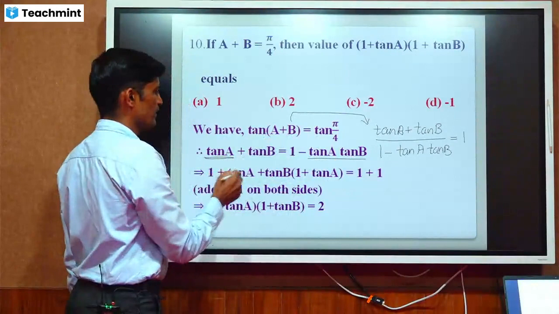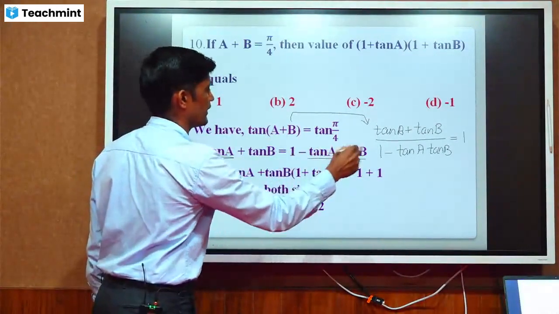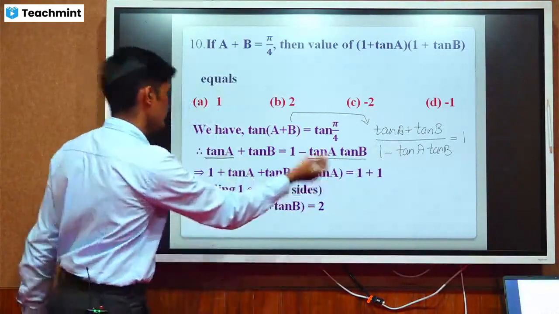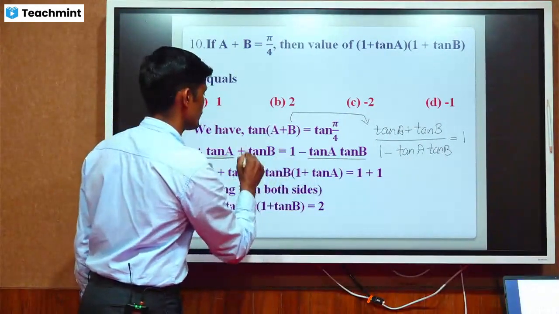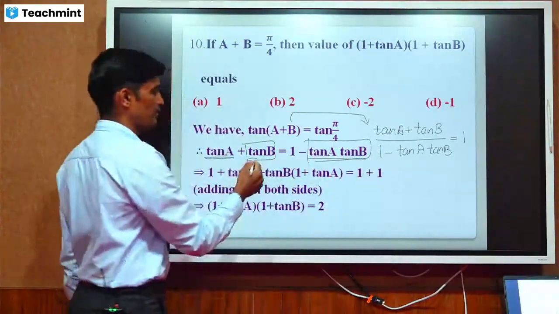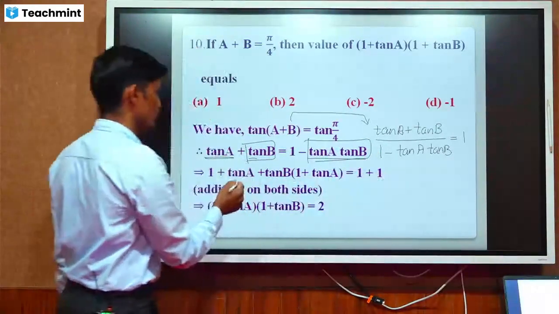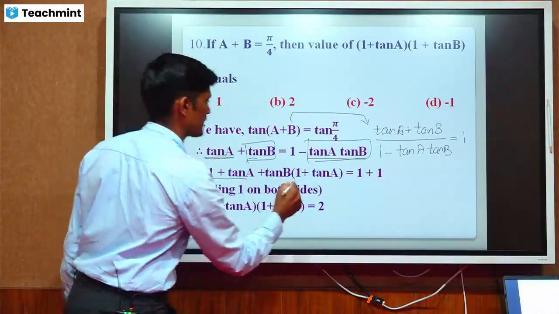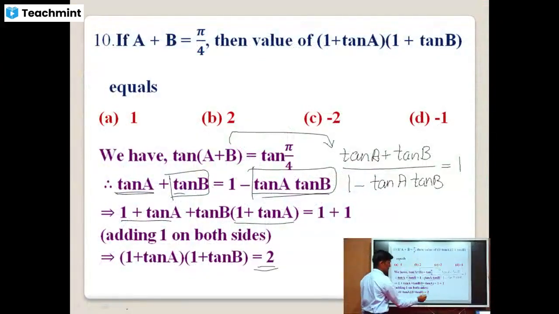So you will get 1 plus tan A plus tan B is equal to 1 minus tan A tan B plus 1. Or by rearranging, 1 plus tan A, and among these two, take tan B common. Tan B into 1 plus tan A is equal to 2. Therefore, 1 plus tan A common here, 1 plus tan A into 1 plus tan B is equal to 2.